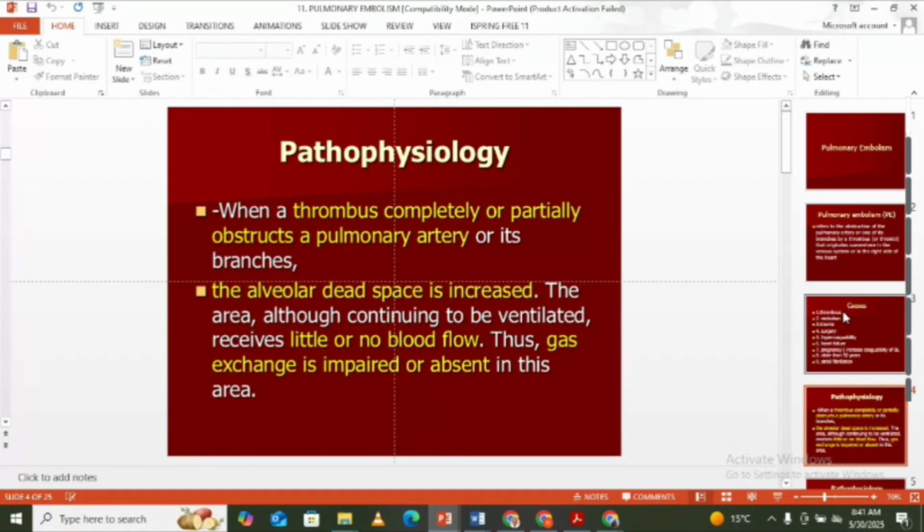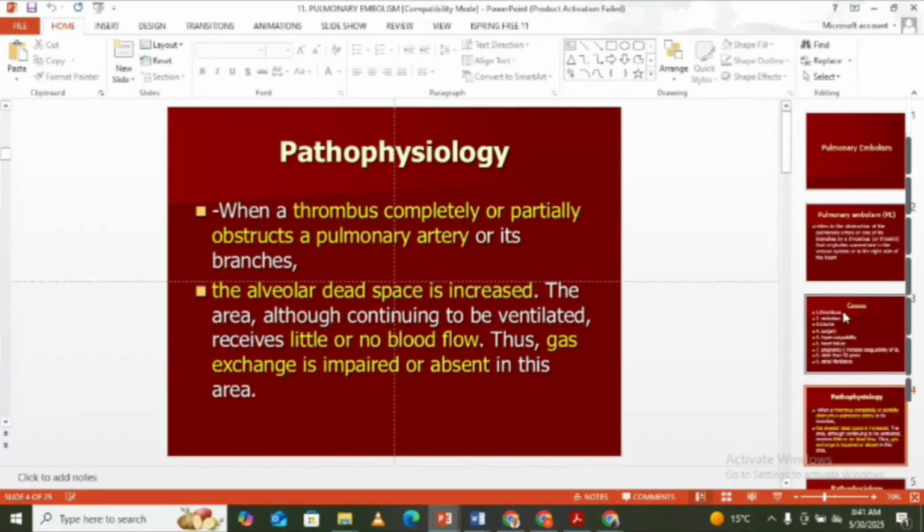And that means there will be alveolar dead space created. This is because there is little or no blood flow taking place because of that obstruction.